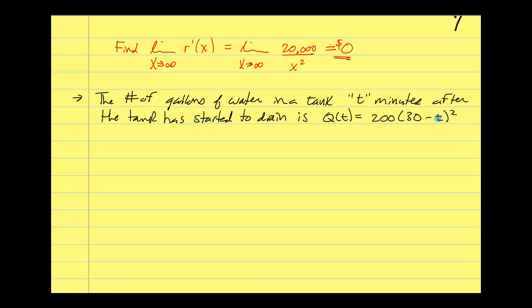If we wanted to figure out what was happening at t equals 0, I'd have 30 squared, which is 900. 900 times 200 would be 180,000 gallons as the size of my original tank. So first question: how fast is the water running out in this case at the end of 10 minutes?